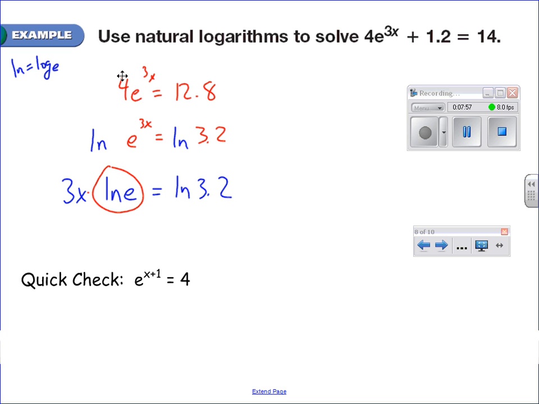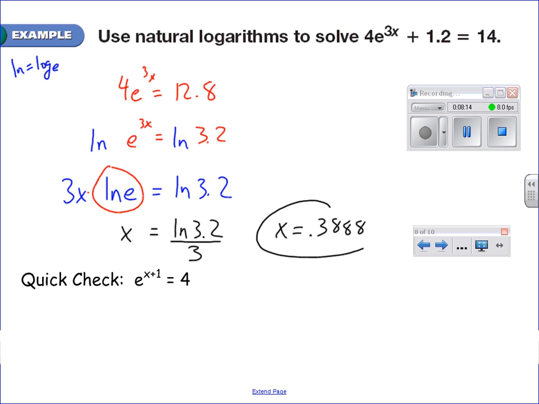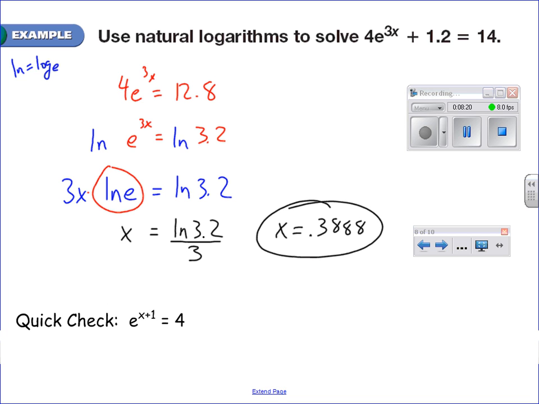So x equals natural log of 3.2, which you can get in your calculator, and divide by 3. That turns out to be 0.3888. Okay? Quick check we'll go ahead and save for class.